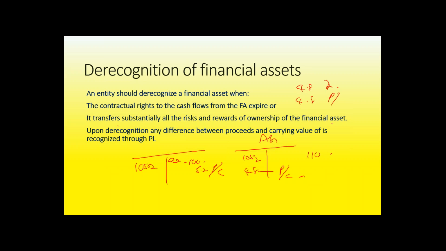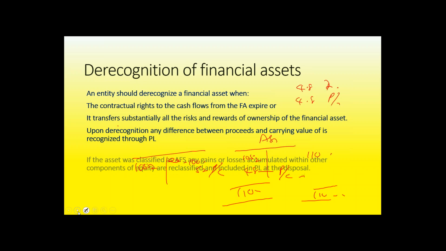So now the asset account is cleared, 110. Just like you recognize the loss, recognize the gain at the final closing stage. You are permitted to take the gain at that point, but not during the impairment review stage.